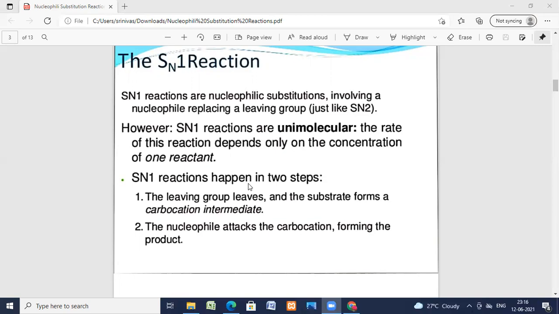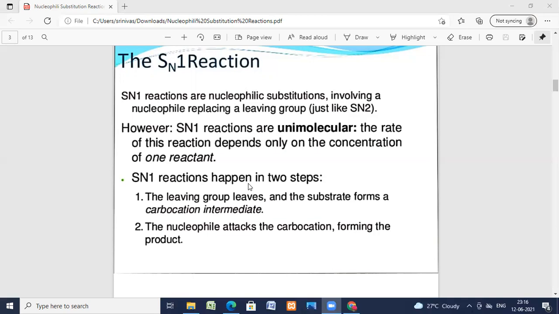In these reactions, the rate of reaction depends upon the concentration of only one species, in particular the substrate. So the rate-determining step involves participation of only the alkyl halide. SN1 reactions are therefore called unimolecular because they follow first order kinetics.